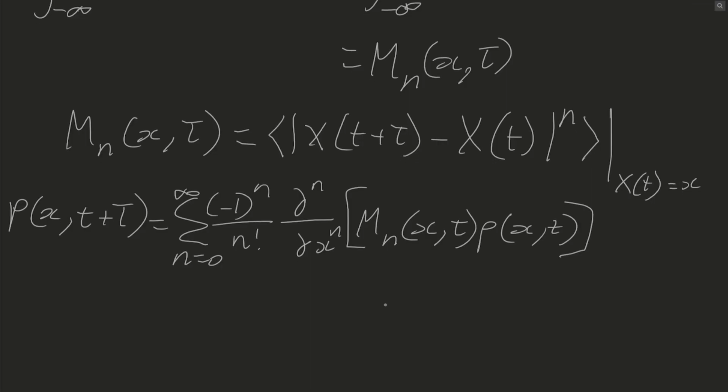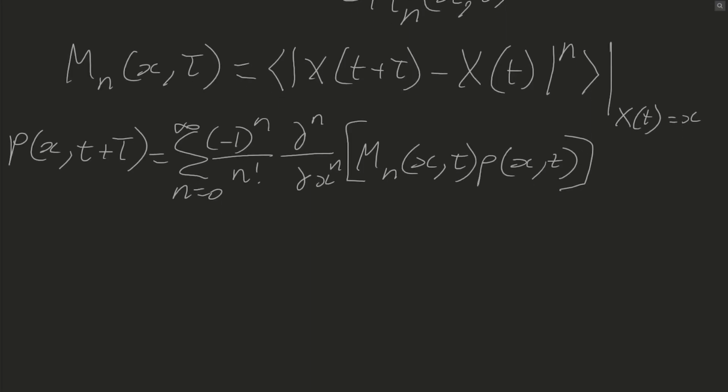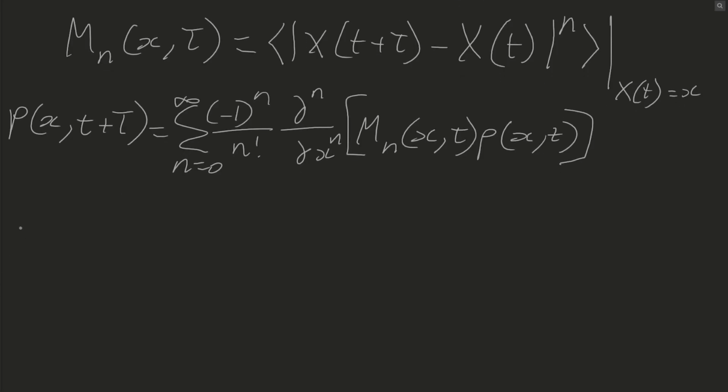What we're going to do now is separate the first terms from the rest of the sum. So we'll calculate n equals 0 first.